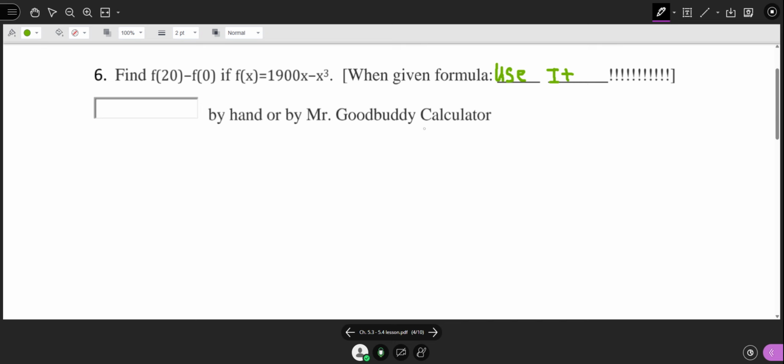Literally. Our formula is 1900x minus x cubed. You can use it in Desmos or in Mr. Goodbuddy. It doesn't matter. I'm going to show it to you in Desmos. Now it says f of 20 minus f of 100.